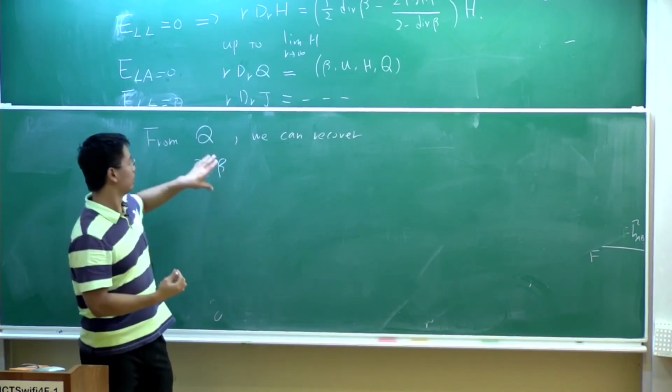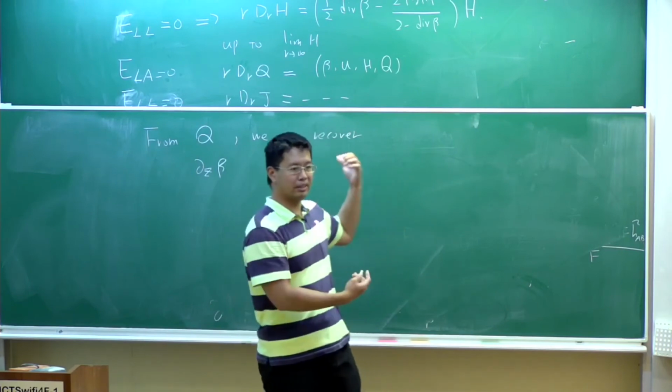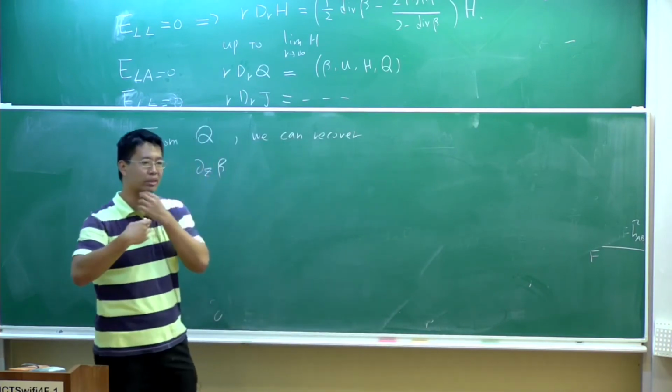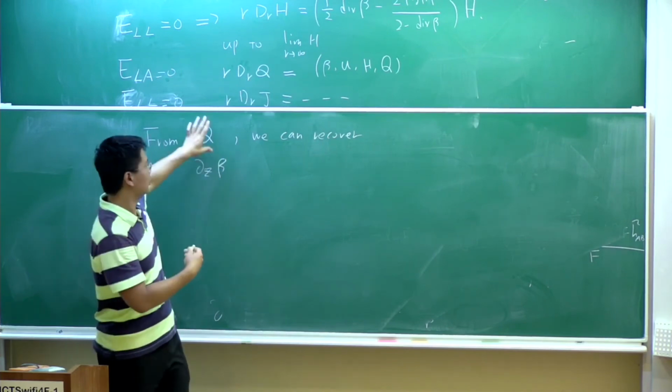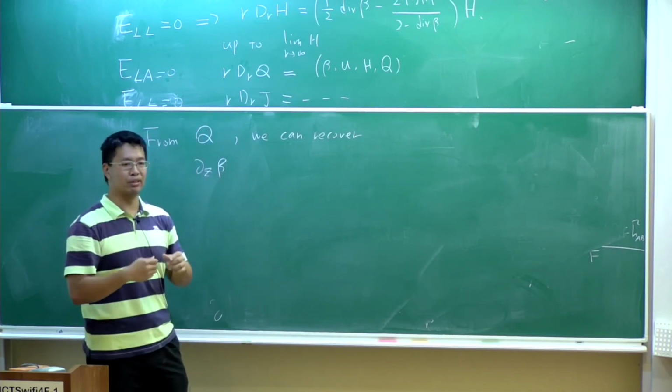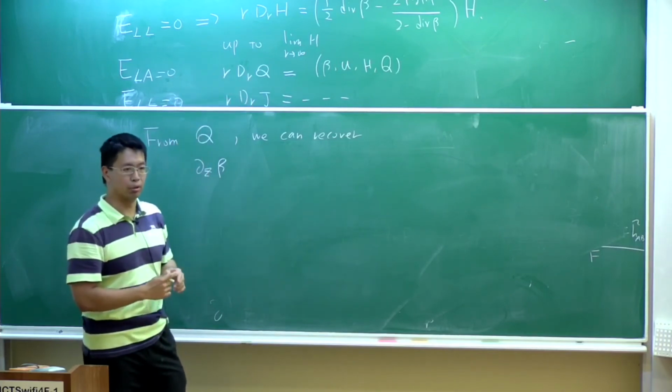If we view beta as the free data on the cone, what determines dz of it should be our evolution equations. Right? So indeed, Q already includes the information of the evolution equation in this big set of equations.